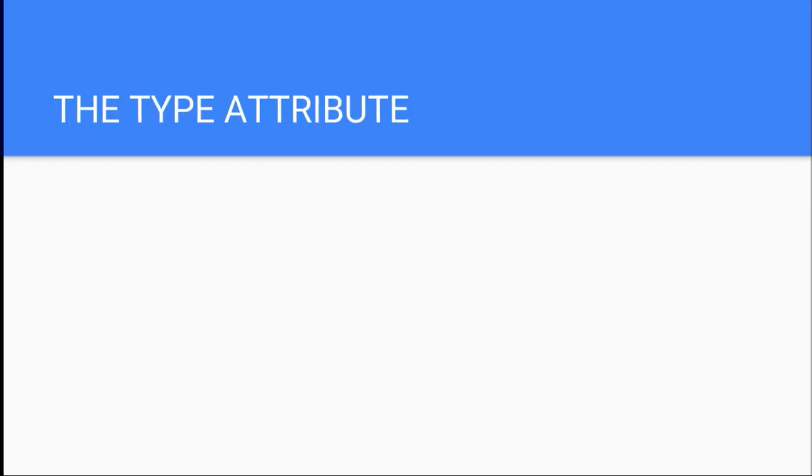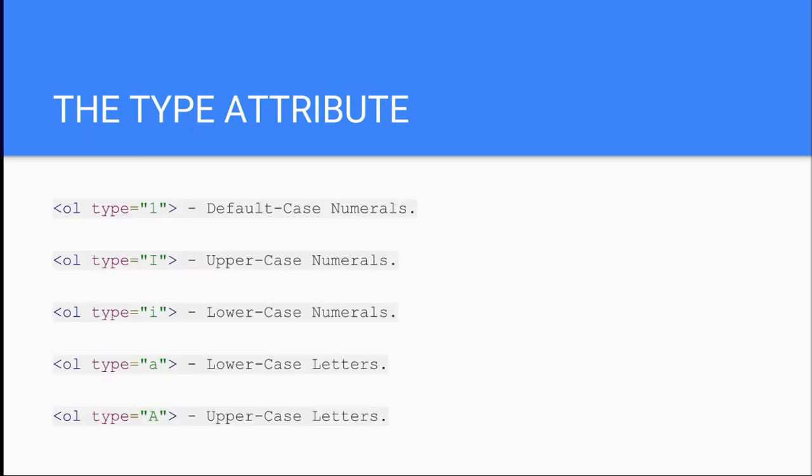Our next topic is the type attribute in ordered list. So we have many types in ordered list. If you mention the type in the opening tag, OL type 1, the default case is you will get numbers in the list, like 1, 2, 3, 4, 5, and so on.